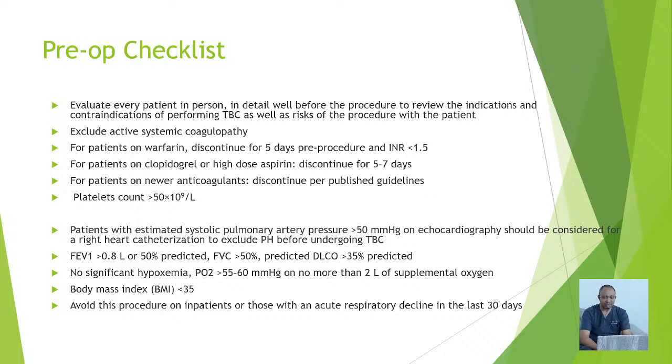Patients who have deteriorated lately over the last 30 days also tend to be high risk. So you want to choose a patient who has had stable disease. They tend to be high risk, especially in times of hypoxemia.